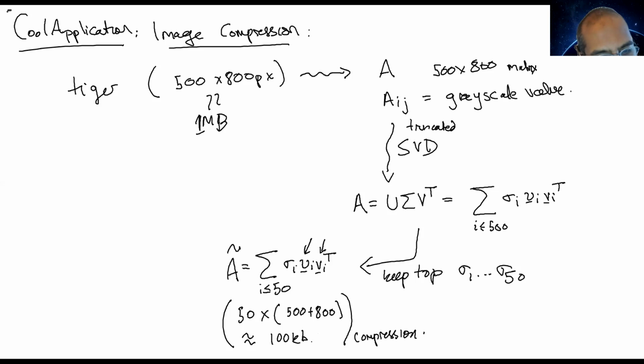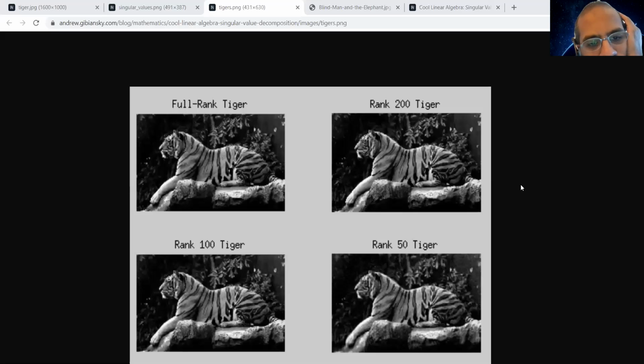And now let's see what the results are. Okay. So these are the results. There's a full rank tiger, rank 500. Rank 200 tiger looks pretty much the same. Rank 100 tiger also looks pretty much the same.